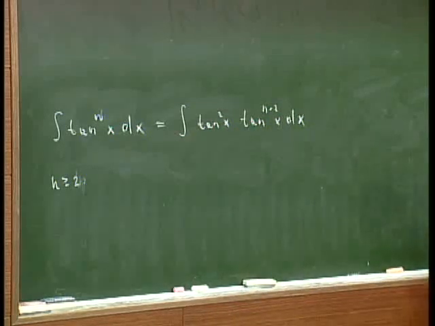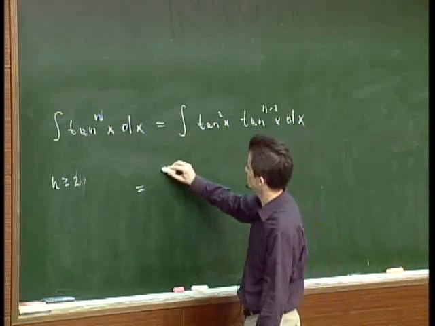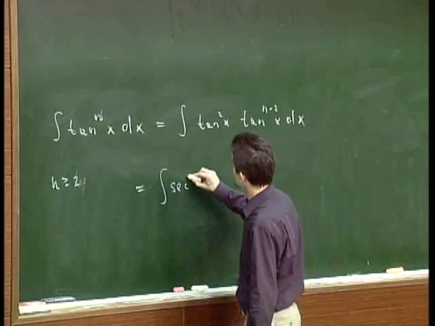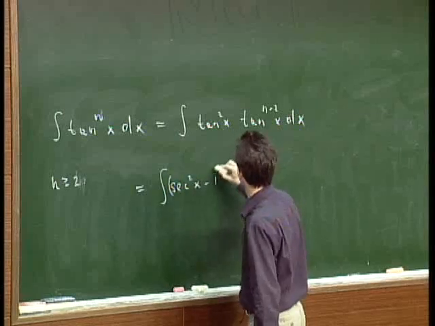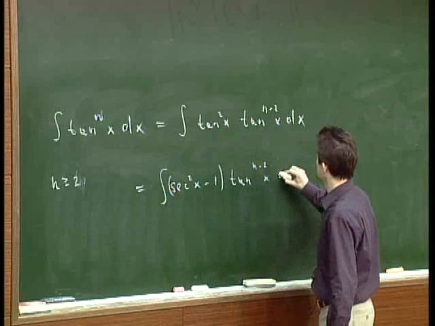Okay, now we can rewrite the tangent in terms of the secant. So we have the integral of secant squared of x minus 1 times tangent to the n minus 2 of x dx.